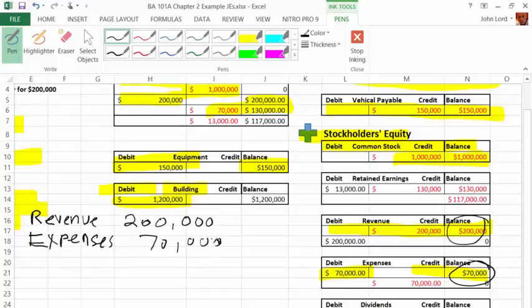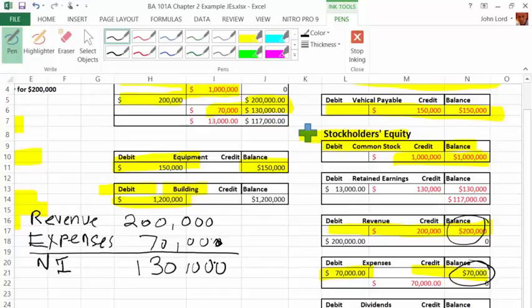Difference between revenues and expenses now. I'm trying to make that a 0 there. Difference between revenue and expenses is called what? Net income. I'm just going to put NI to abbreviate it. Net income. The net income is 130,000, right? Okay, good. Not bad for a year's work, right? I'll take it. 130,000.